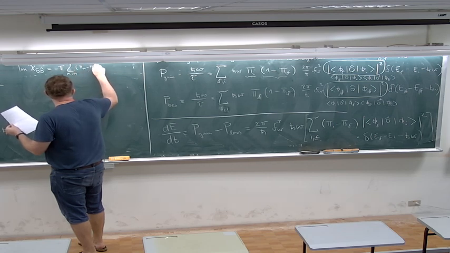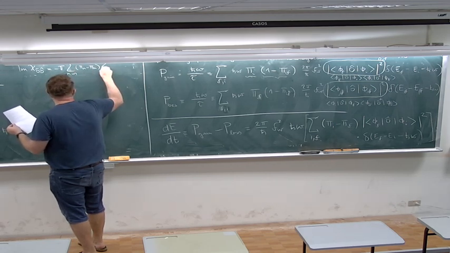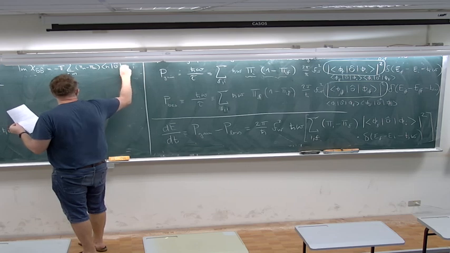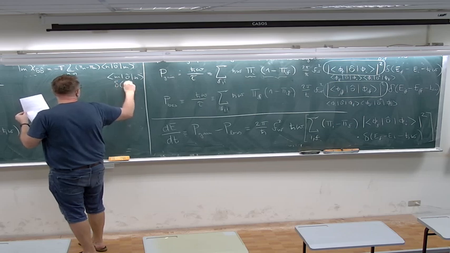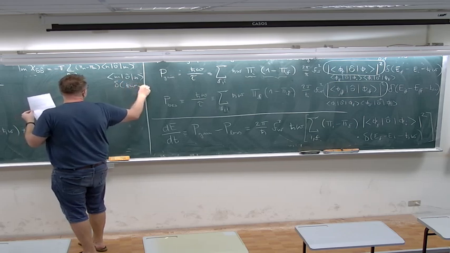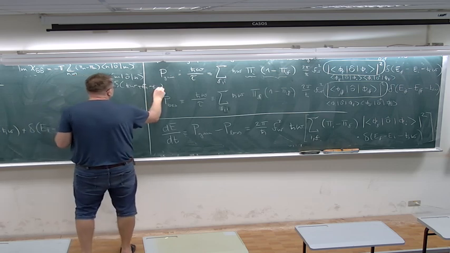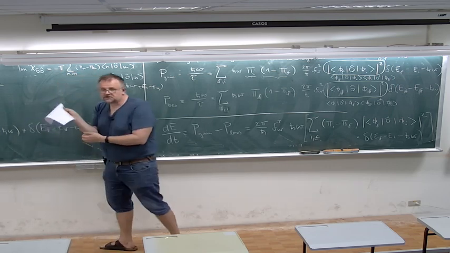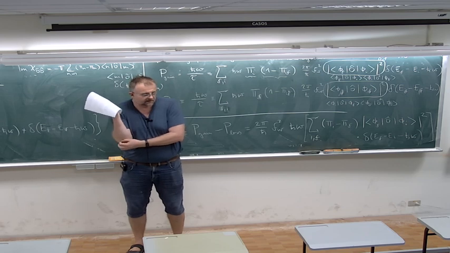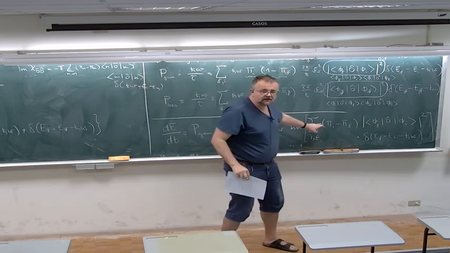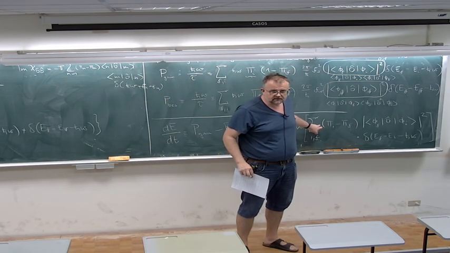That was the formula for the imaginary part: ⟨n|O|m⟩⟨m|O|n⟩ and the delta function δ(ħω plus E_n minus E_m). This was the formula for the imaginary part of the susceptibility, which I defined in general. So basically this is here, a part of this minus p, right?